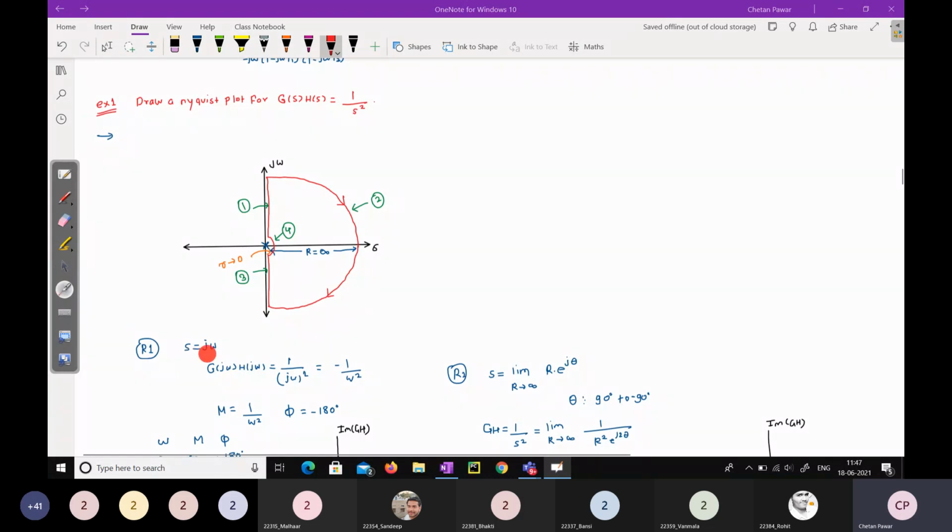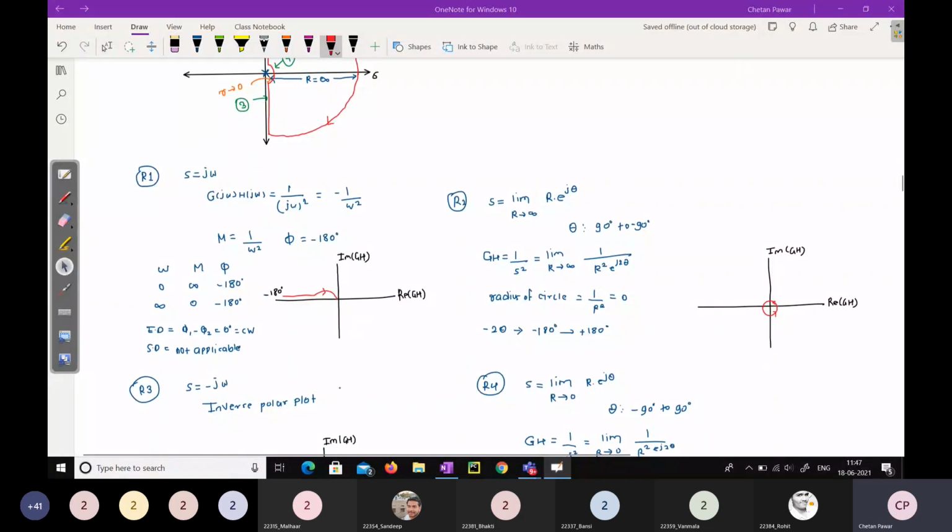So S will be replaced by j omega, and in the open loop transfer function 1 upon j omega square, because 1 upon S square is the open loop transfer function. So that will be minus 1 upon omega square. Okay. So if you see the magnitude will be 1 upon omega square, and phase will be minus 180 degree for all the frequencies.